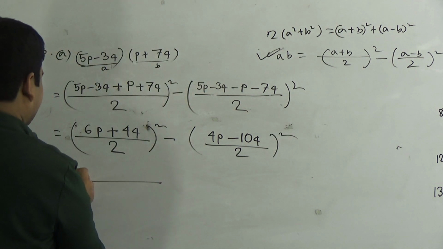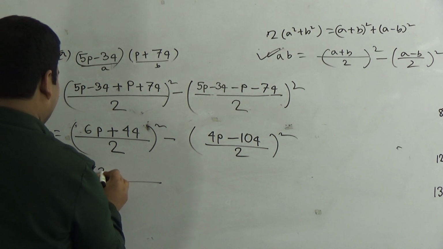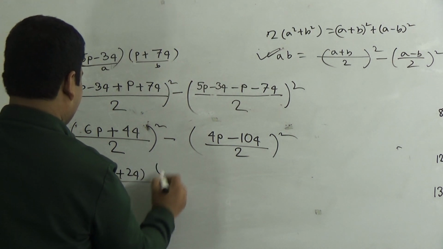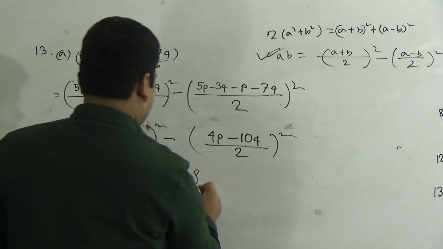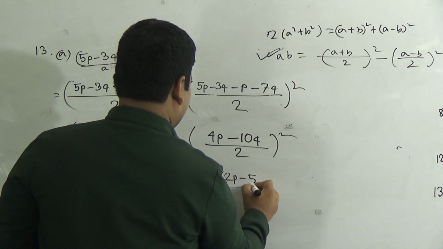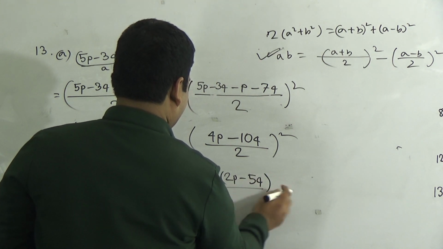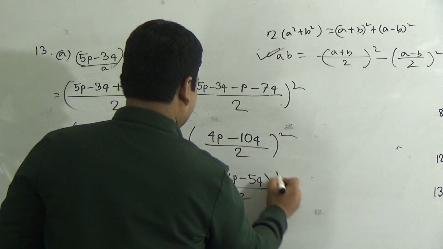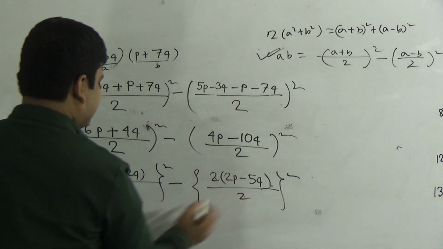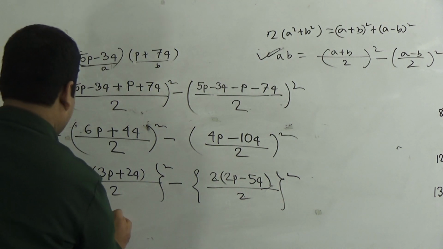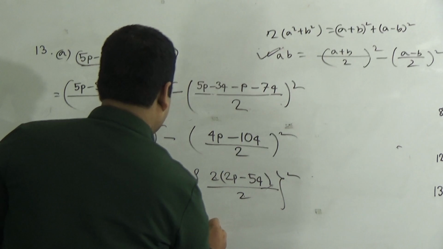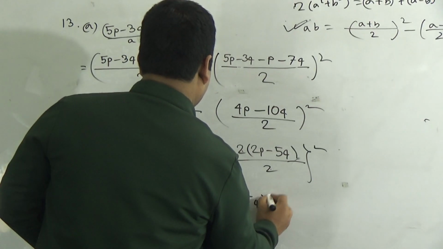So here we take 2 common and here left (3p plus 2q) whole square minus, here we take 2 common and left (2p minus 5q) whole square. Notice these two and these two are cut, and here left (3p plus 2q) whole square and here left (2p minus 5q) whole square.